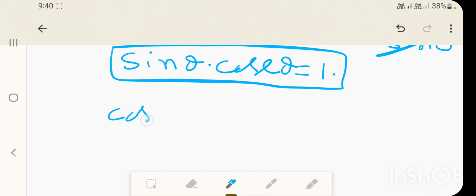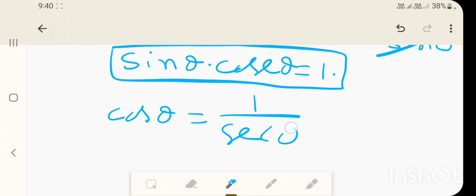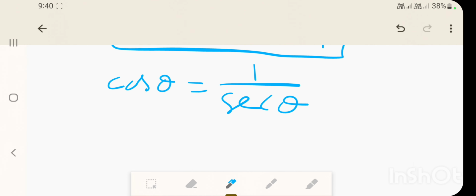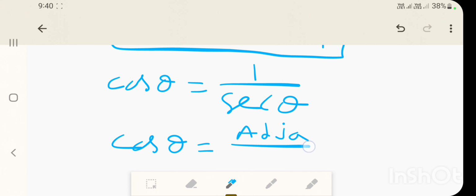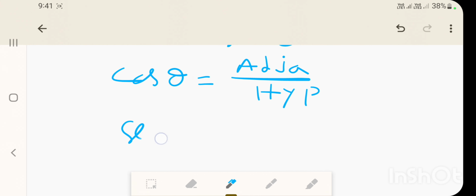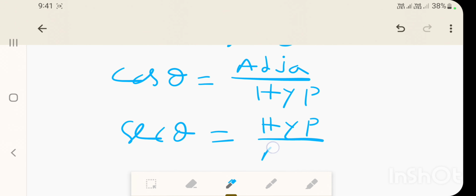Similarly, we have another relation: cos theta is 1 by secant theta. We know the definition of cos theta is the length of the adjacent side divided by the hypotenuse, and secant theta is the reciprocal of this, that is, the length of the hypotenuse divided by the length of the adjacent side.